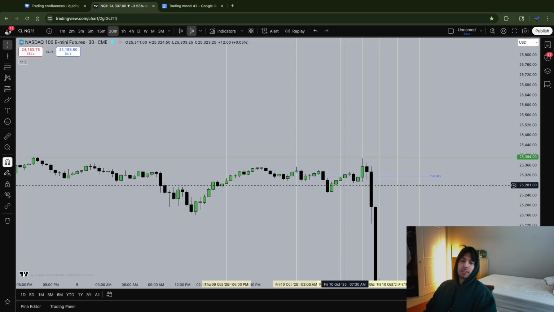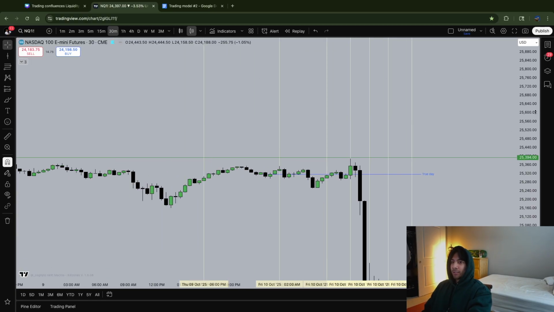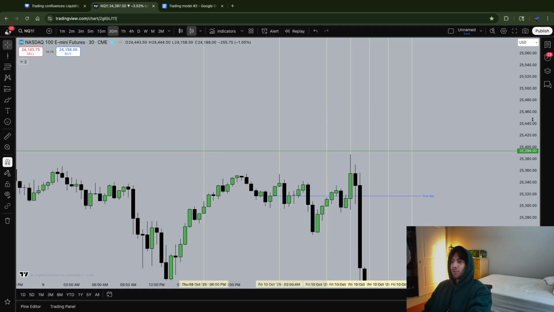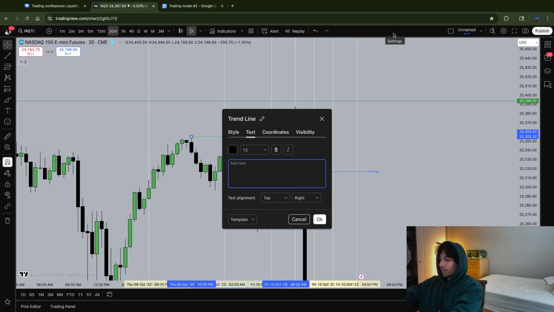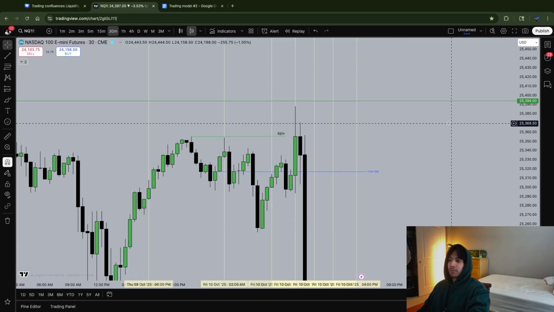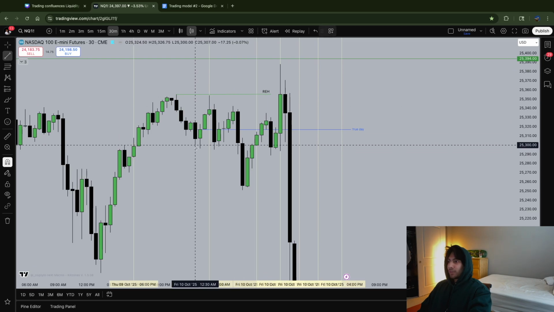I'm using it for my highs and lows. If we're just marking our highs and lows, this one probably isn't going to make too much sense. But you'll see, okay, we swept Asia high, created SMT. Regular trading hours, relative equal highs. Oh my God, I'm tweaking. Relative equal highs.